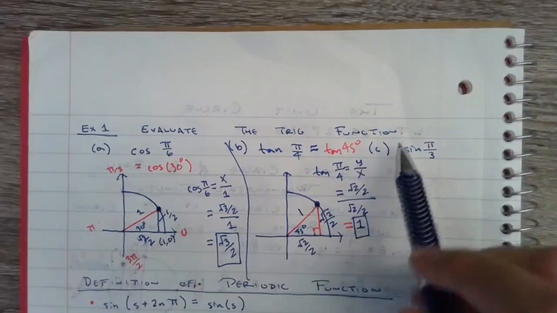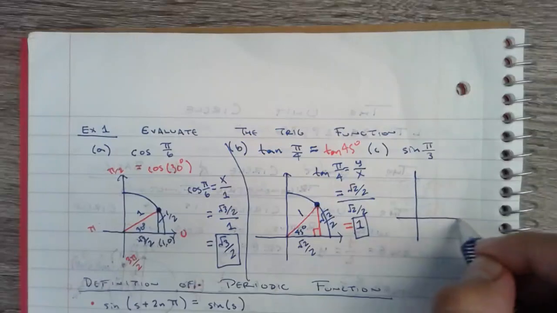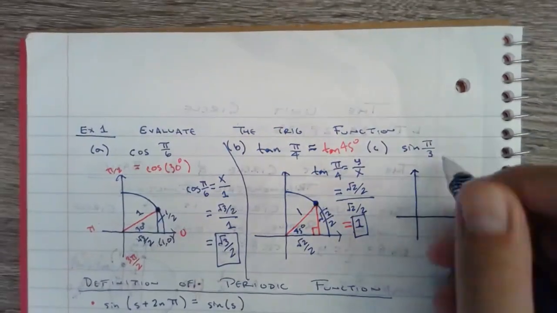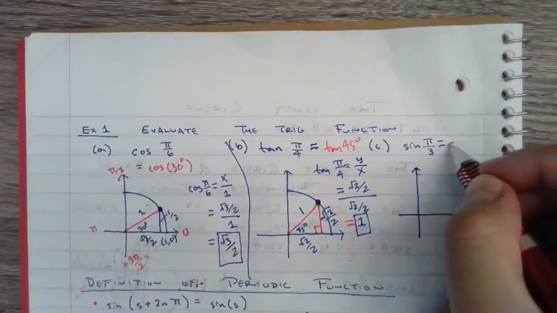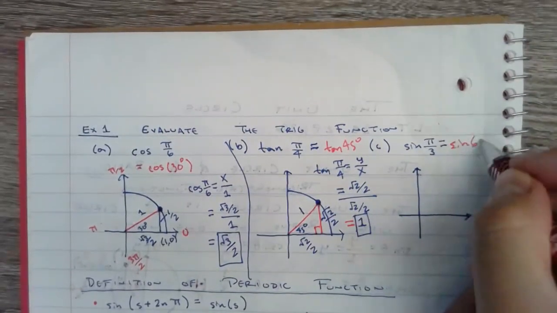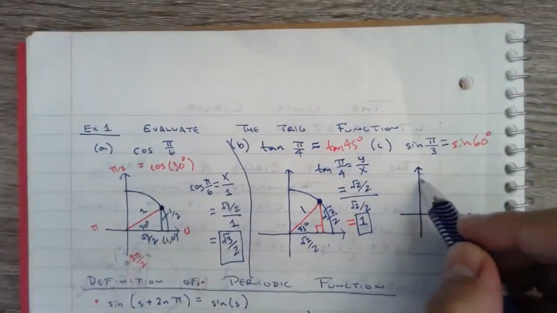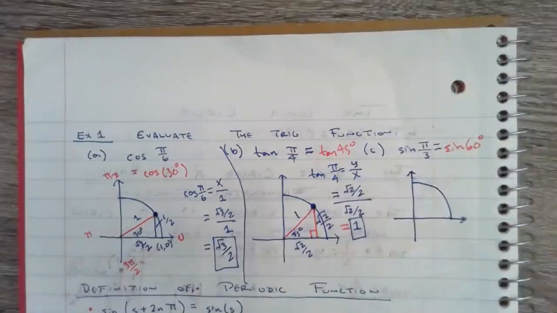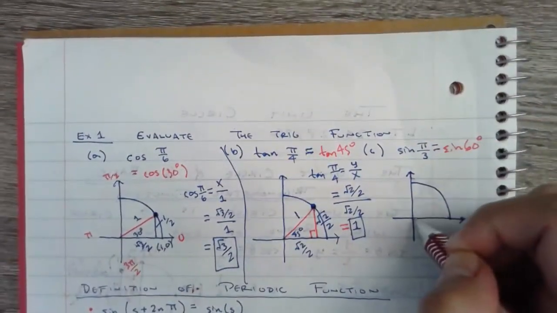Okay? And then now let's go to example C. Again, draw a little graph right there. So pi over 3. Again, I'm doing this just for a little review. Sine of pi over 3 is the same as sine of 60 degrees. Okay? So again, I'm going to draw my little arc right here, and then 60 degrees should be somewhere over here.